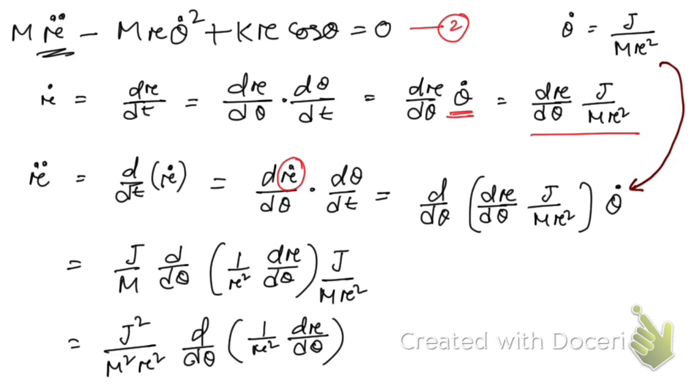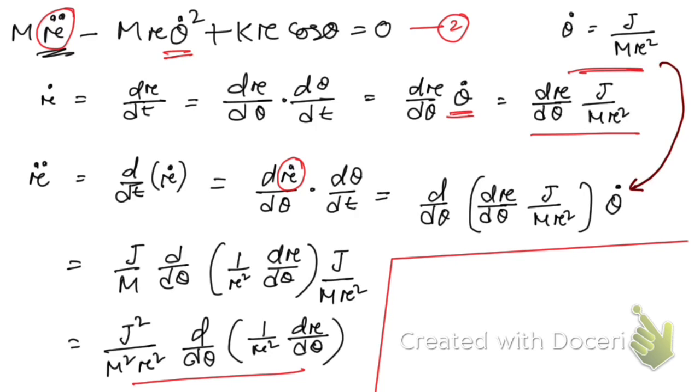Now we are to replace this r double dot by this result and theta dot by this result. So using this result in this equation number 2, therefore from equation number 2 it implies that capital M, so r double dot will be replaced by this result.